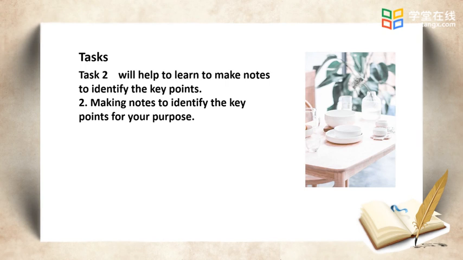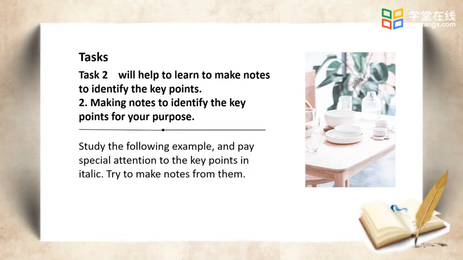Task 2 will help to learn to make notes to identify the key points. 2. Making notes to identify the key points for your purpose. Study the following example and pay special attention to the key points in italic. Try to make notes from them.